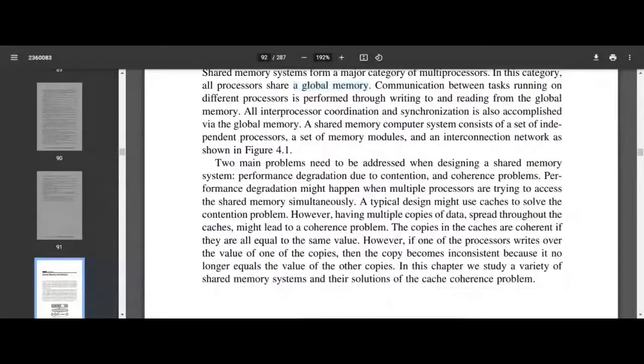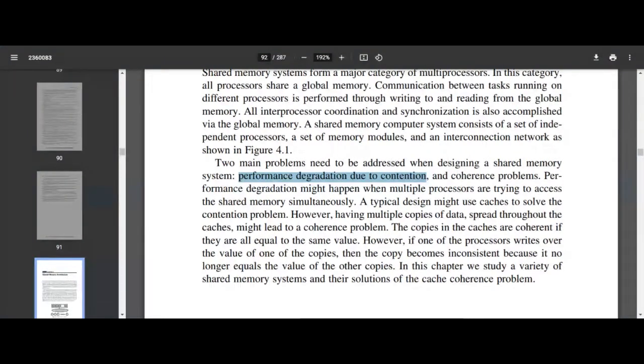One is performance degradation due to contention, like keeping contended elements more than once or creating duplicates, which creates a heap of data; you keep contending for the elements repeatedly. The second problem is the cache coherence problem.